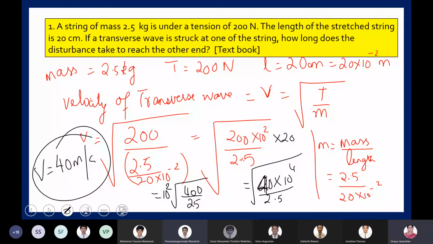When it goes to the numerator, why does it change to 10? That's the problem, boys. The denominator goes to the numerator, so minus 2 only. That became a problem. So this will be 40.